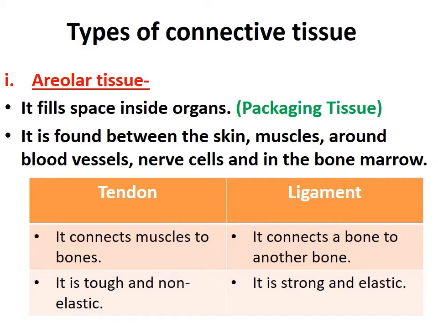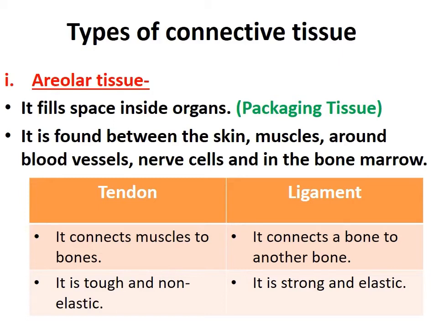And if we talk about the nature of tendon and ligament, tendon is tough and non-elastic because it is connecting muscles to bones, and muscles help in the movement of the body. So the tendon need to be tough and non-elastic. And ligament, which is connecting bone to bone, is strong but elastic.